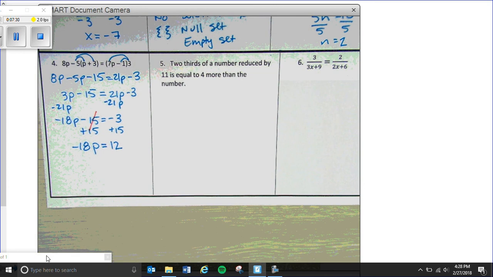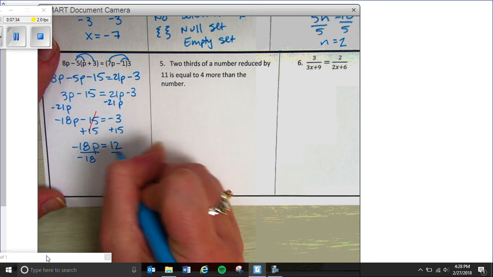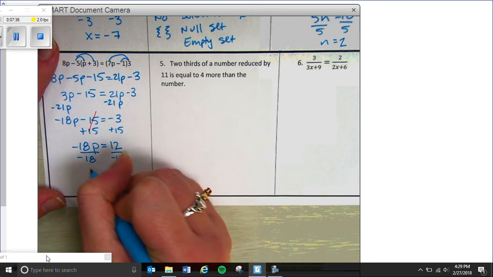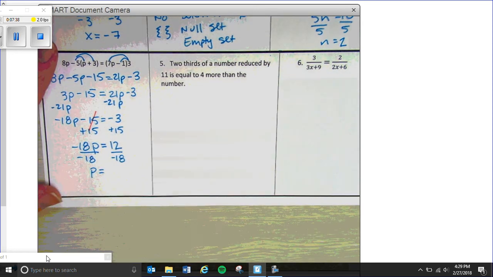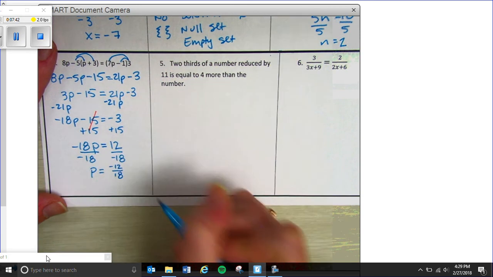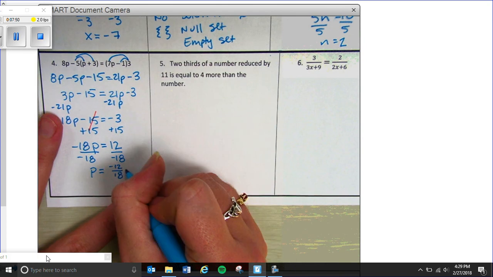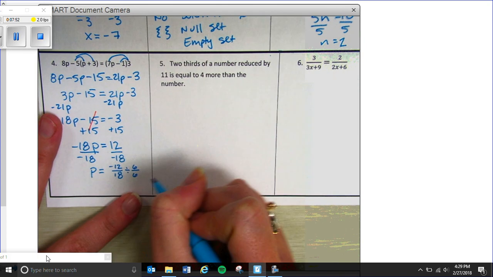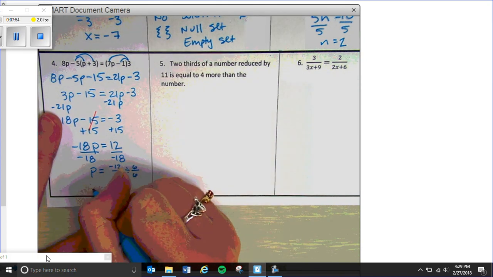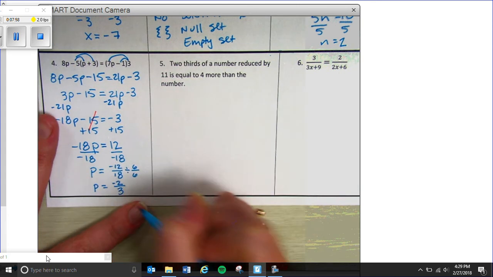How do I get p by itself? Divide by a negative 18. So p equals negative 12 over 18. What number goes into 12 and 18? We can divide both of those numbers by 6. So my answer, p equals negative 2 over 3.